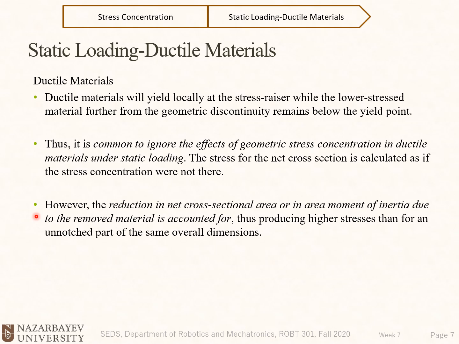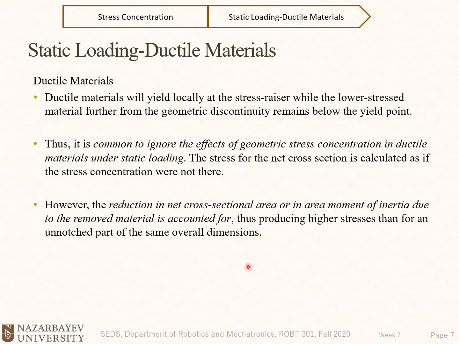However, the reduction in net cross-sectional area, or in area moment of inertia, due to the removed material is accounted for, thus producing higher stress than for an unnotched part of the same overall dimension. So what do we mean by this bullet point?